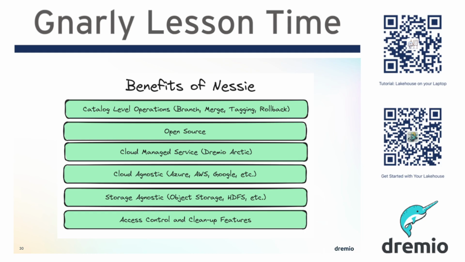But again, you can deploy an open source deployment of Nessie and manage that catalog on your own. And it has the features you need to clean up and manage the controls of that catalog. So that way you can say, hey, certain users can only have access to certain branches and things like that. So it's pretty cool. Again, that's Nessie. It's a catalog for Iceberg that provides you Git-for-Data catalog versioning features.